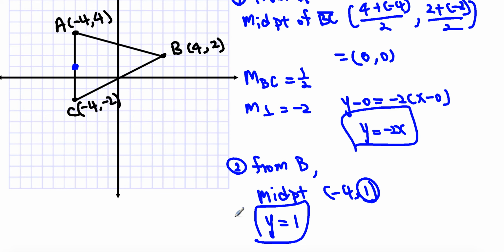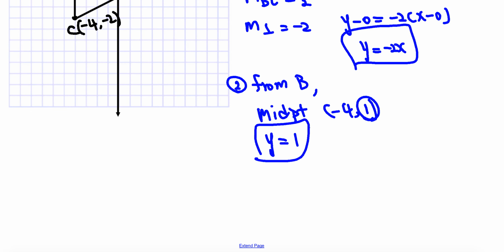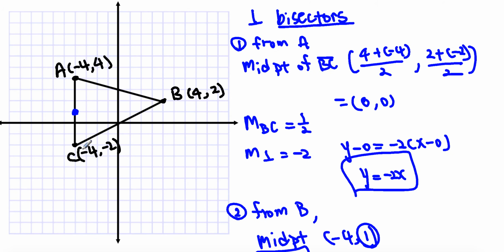All right, now let's go for the third one, from C. Perpendicular bisector opposite from C. That means I need to figure out AB as well here.